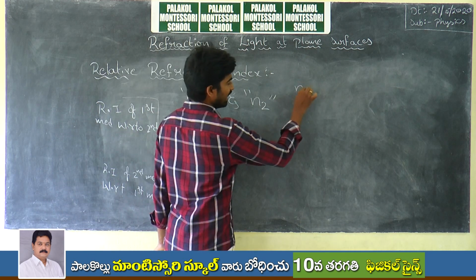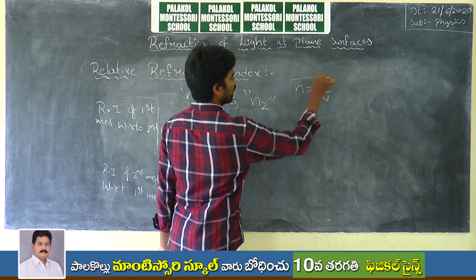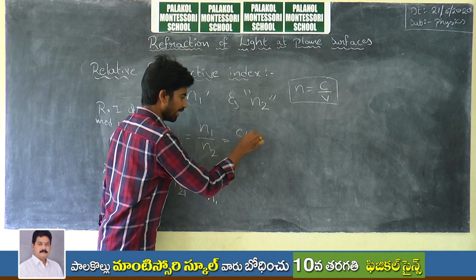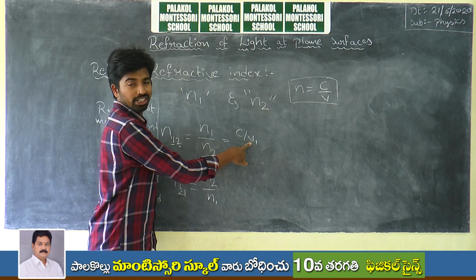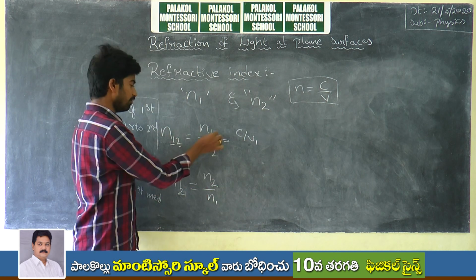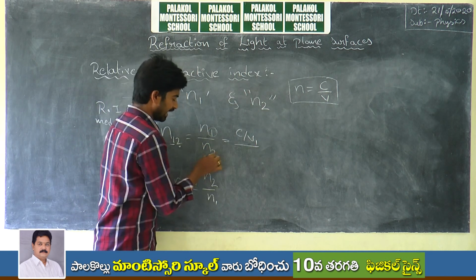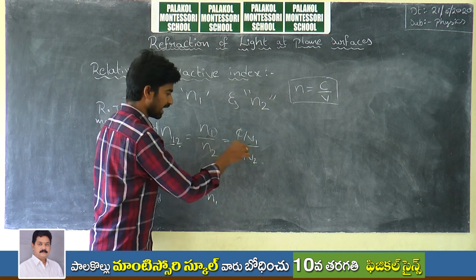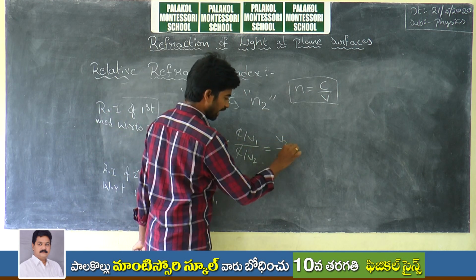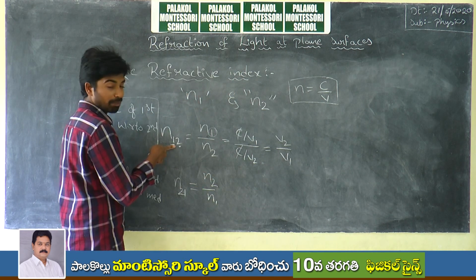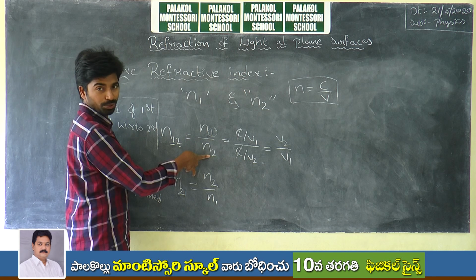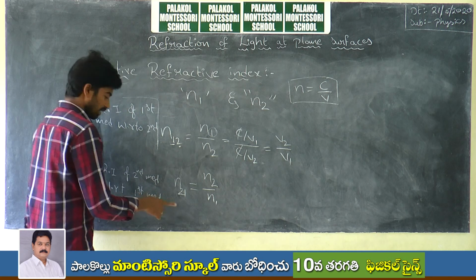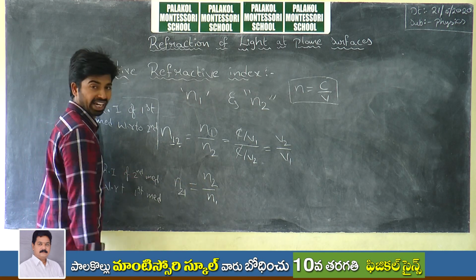So we know that N is equal to C by V. If it is N1, then it is C by V1, where V1 is the speed of light in the first medium, and N2 is C by V2. Hence the C cancels, and it becomes V2 by V1. So N12 can be represented as N1 by N2, or in terms of velocities, V2 by V1. N21 is equal to N2 by N1.